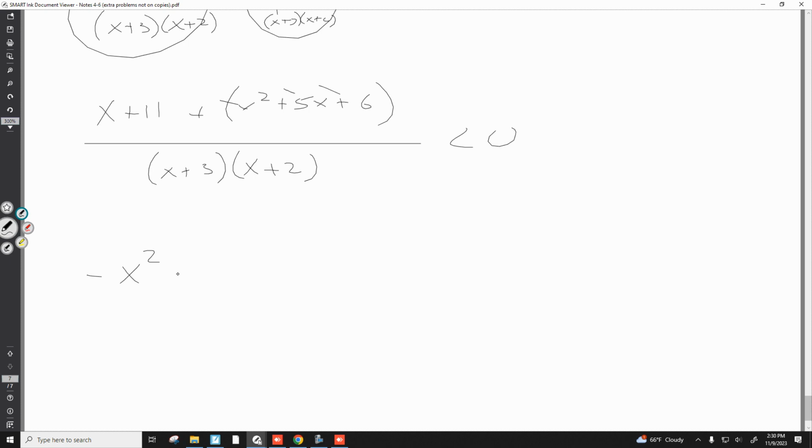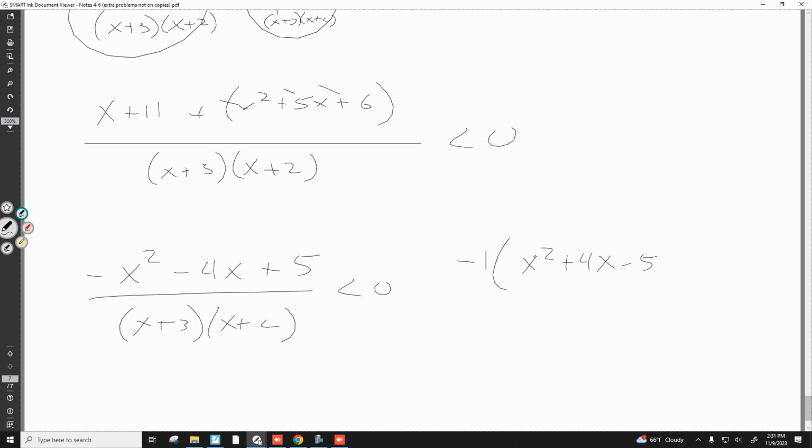I get negative 4x, and I get positive 5. And then, after that, I will factor out a negative 1. I will factor this numerator. Don't worry, we're almost there, guys.